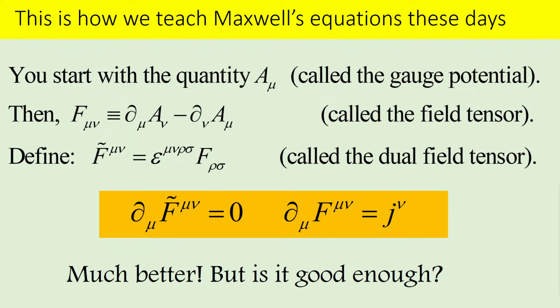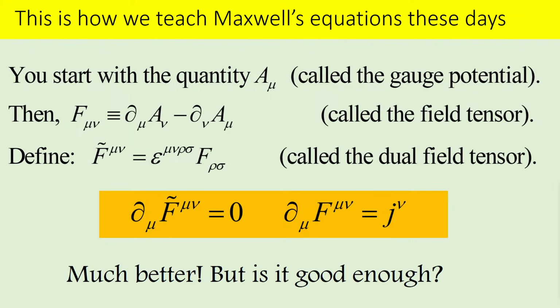Okay, so how do we teach Maxwell's equations? In relativistic form. As I said, you define what is called the field tensor, and then you can also define what is called the dual field tensor. That is, you multiply by the Levi-Civita tensor that gives you F tilde.